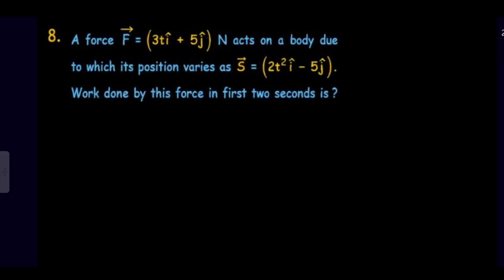The displacement is given as S equal to 2t square I cap minus 5j cap. Earlier they used to give it in terms of x and y. Now it is given in terms of time. Whenever time is given, we need to proceed like this.